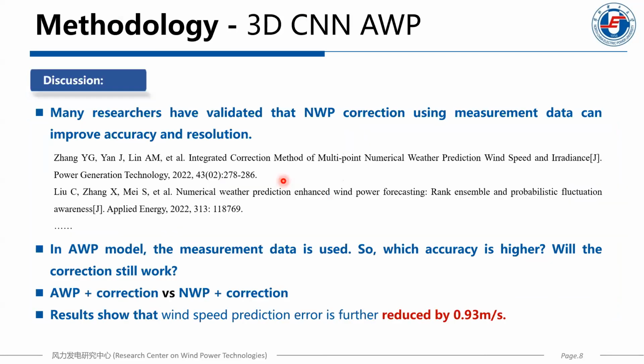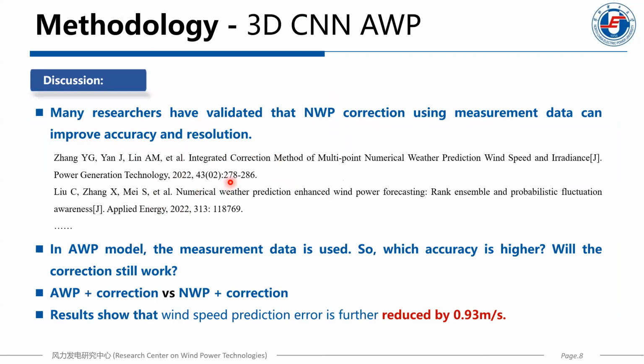After that, we considered a problem. Now there are many researchers who do NWP correction using measurement data to help improve the accuracy and resolution of the raw NWP data.